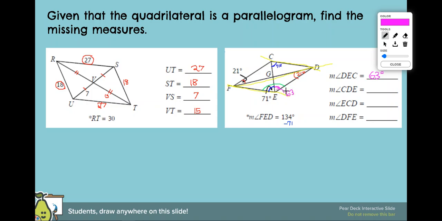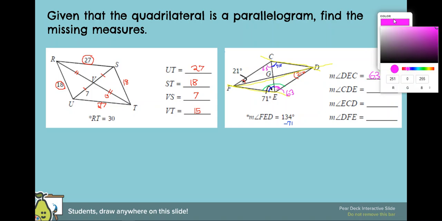So because we know that this one's 63, we know that this is also 63, alternate interior angles. So now we can find some other information. We need CDE, the entire angle on that side. There's a couple of ways that we can do that. Probably the easiest way would be to use these three angles to find the interior angle here.